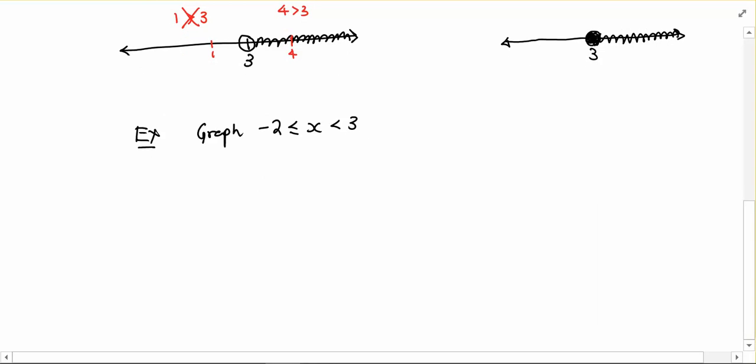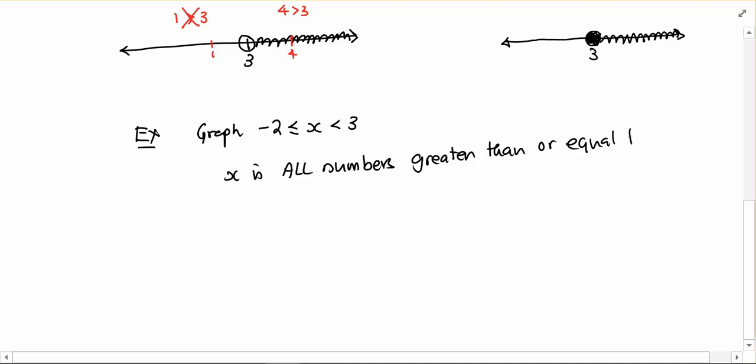So this time x is all numbers greater than or equal to -2 but less than 3.